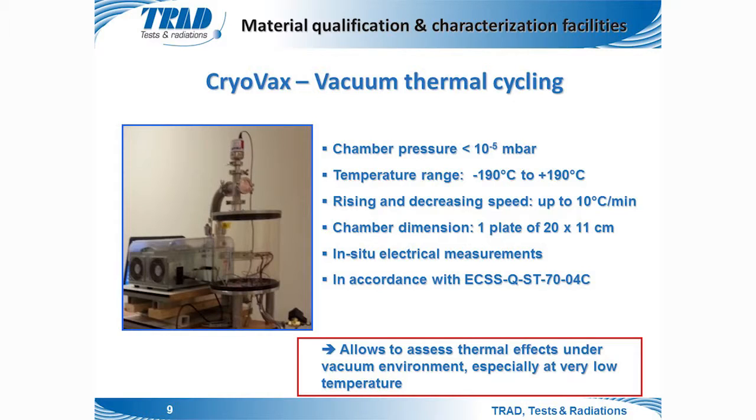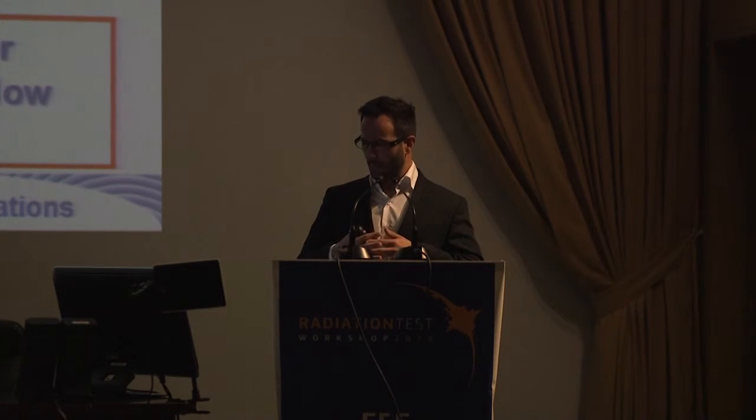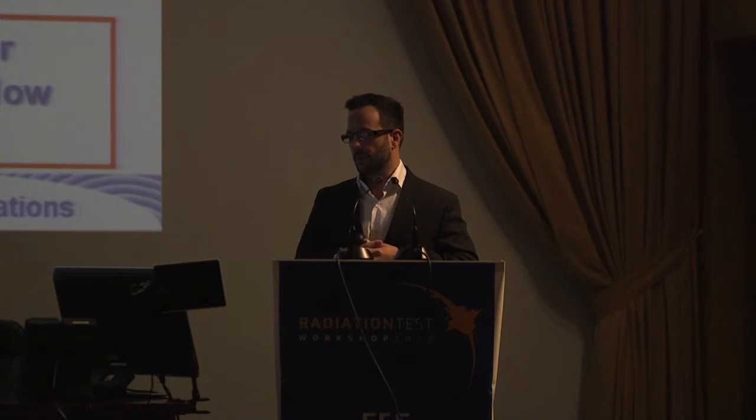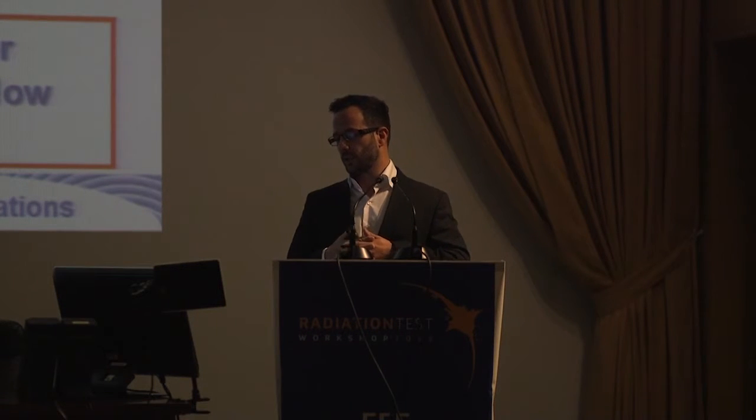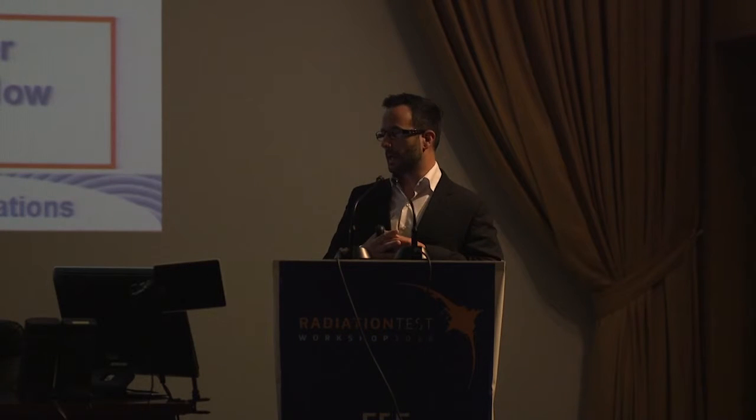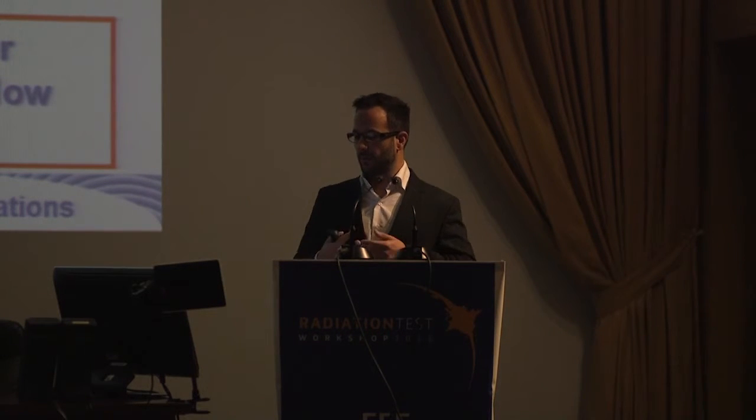The next equipment is a special equipment designed by TRAD in order to perform vacuum thermal cycling. It is called Cryovacs. This equipment allows to perform thermal cycling with vacuum, of course. The chamber pressure is around 10 to the minus 5 millibar.